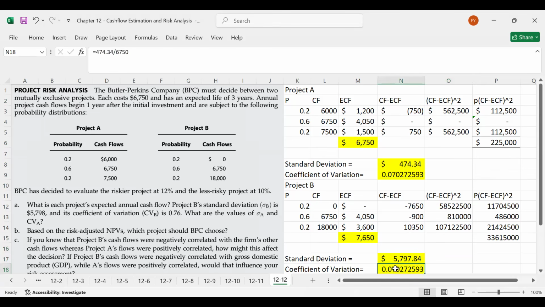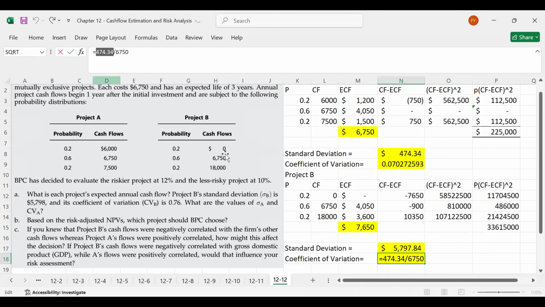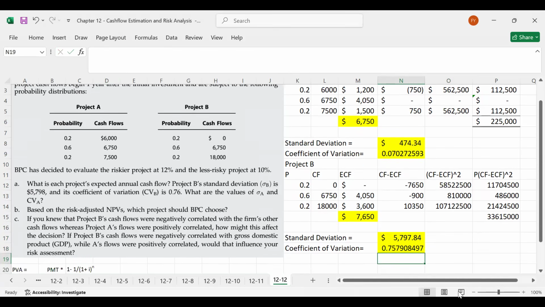And then the coefficient of variation is the standard deviation, which is 5798, divided by the expected return, which is 7650.